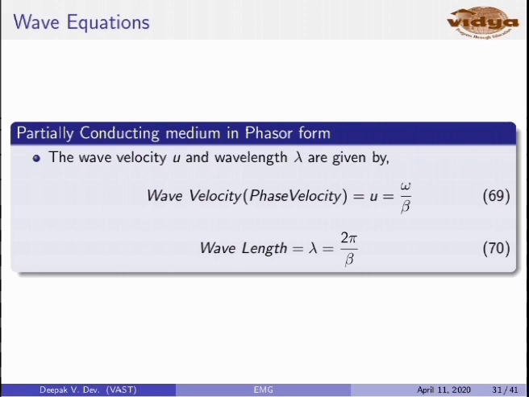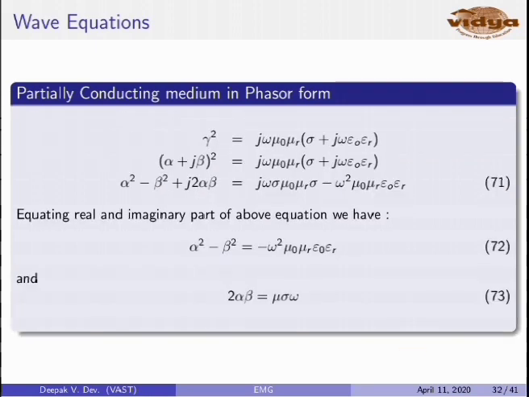Now let us derive equations for finding the values of alpha and beta. So we know that gamma square is equal to j omega mu 0 mu r sigma plus j omega epsilon 0 epsilon r, and gamma is equal to alpha plus j beta.